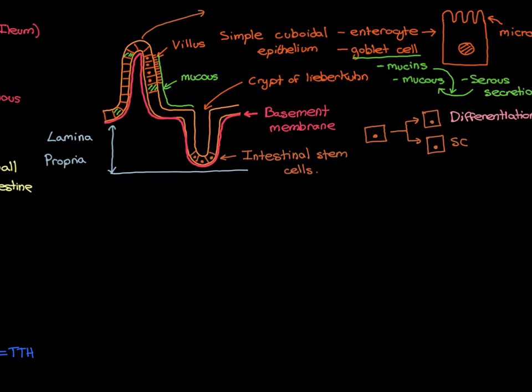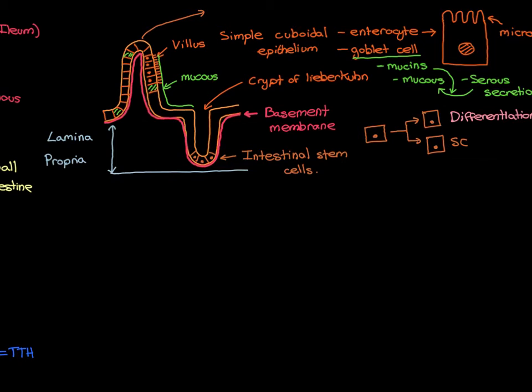And running through that connective tissue, you're going to have very important structures, which are the blood vessels and the lymphatic vessels. And this is really important because remember, what is the function of the intestines? What is the function of the gastrointestinal tract? It is to absorb nutrients.